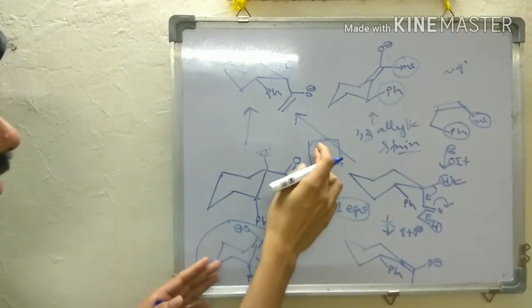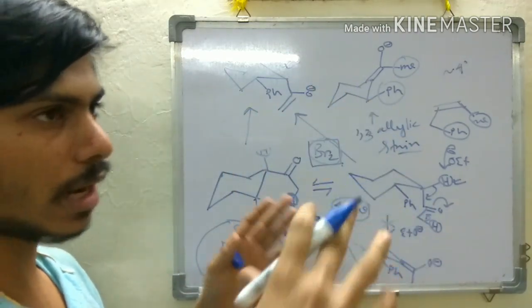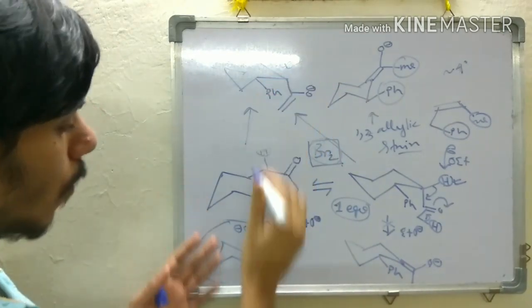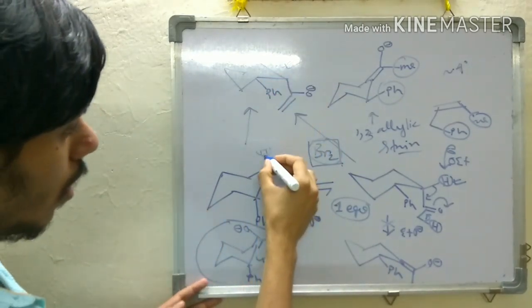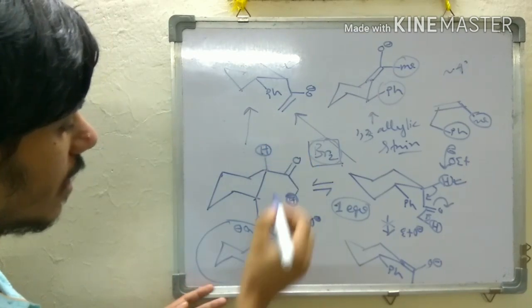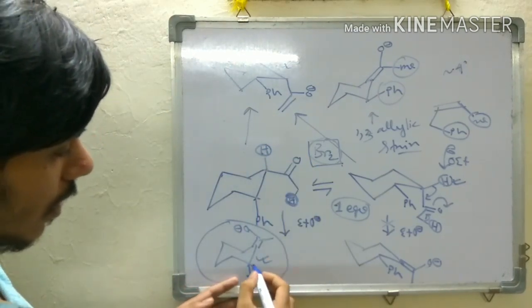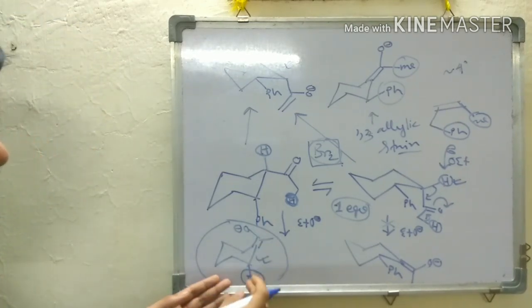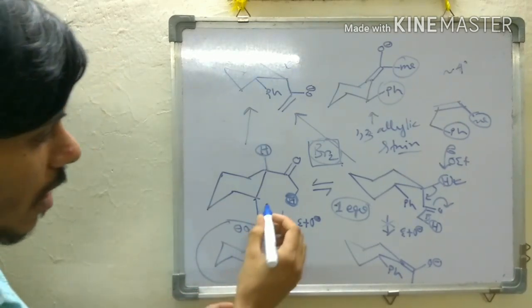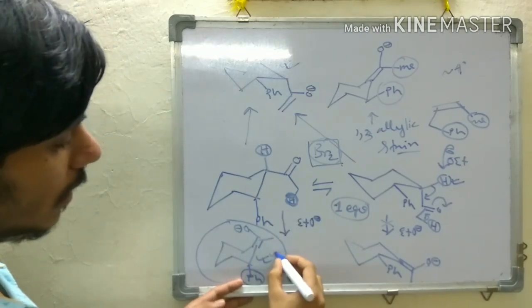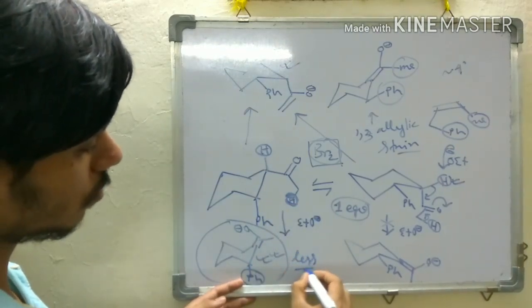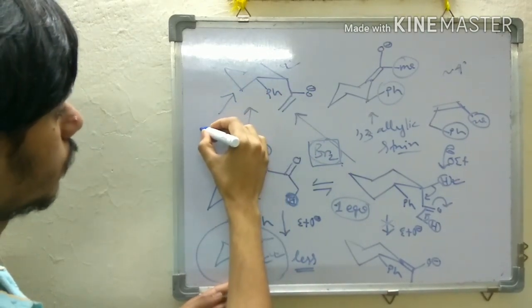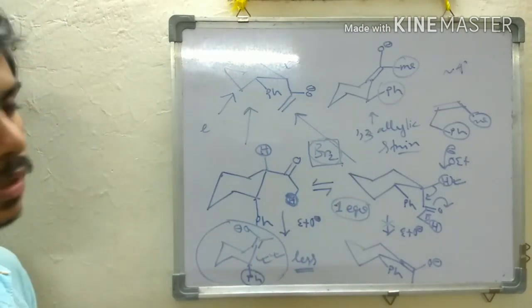In your total assembly, this particular enolate will be more populated than this, because here the hydrogen is less accessible. Although the phenyl group is there, in this case there is no allylic strain, so the amount of the other will be very less and this enolate will be more in your medium.